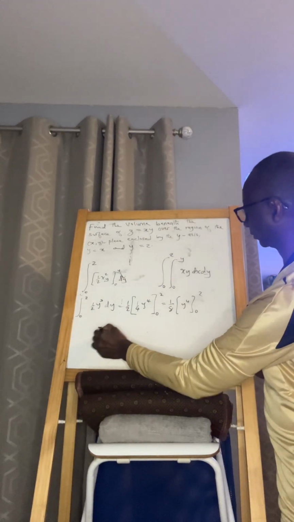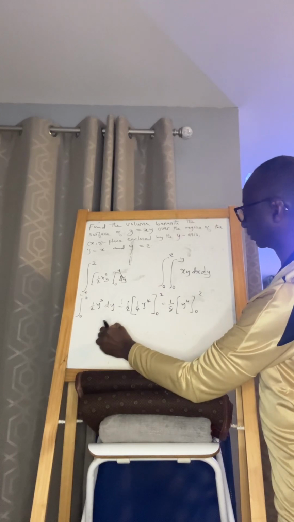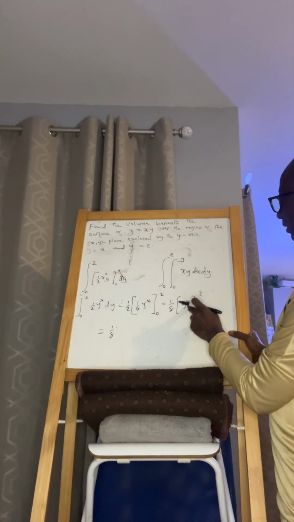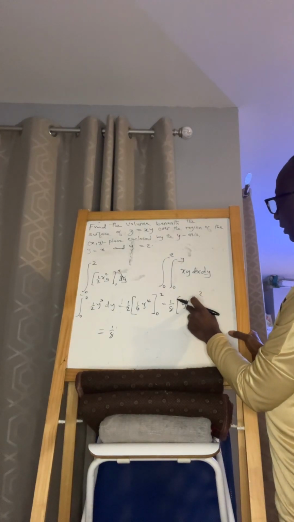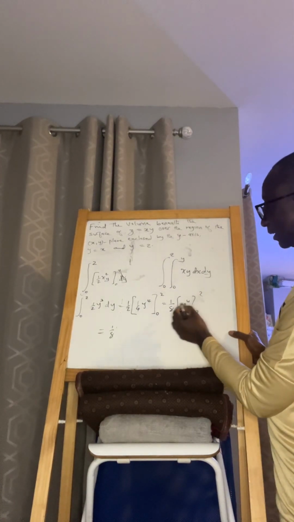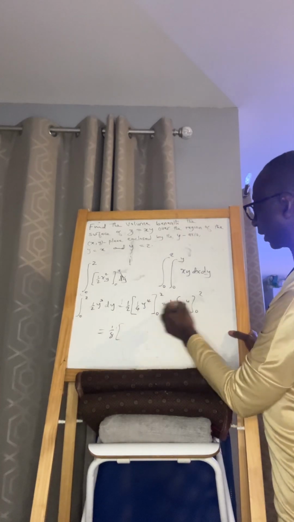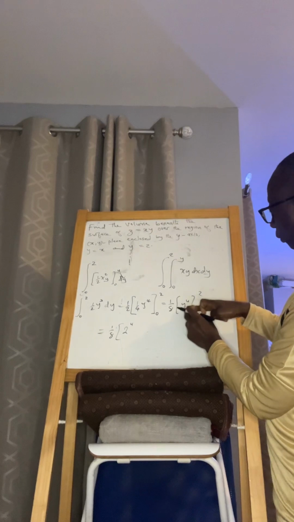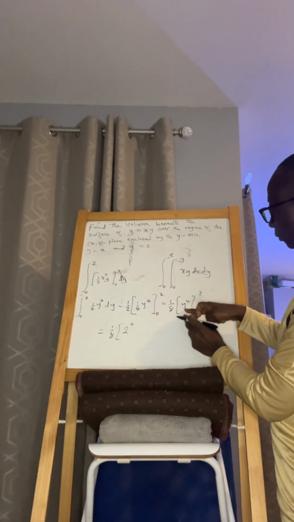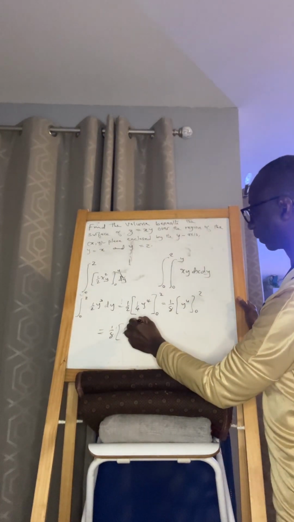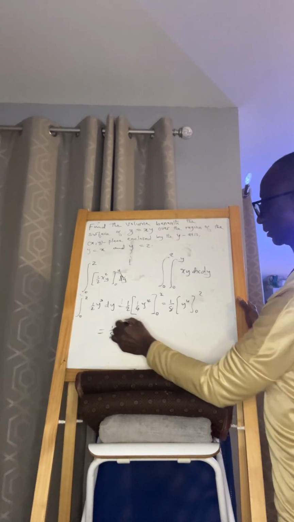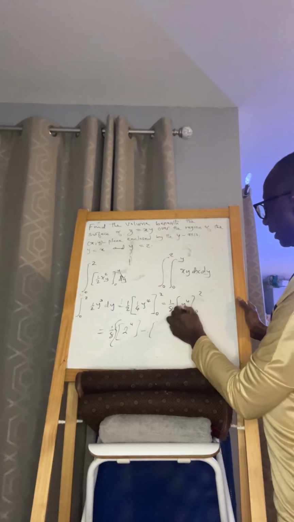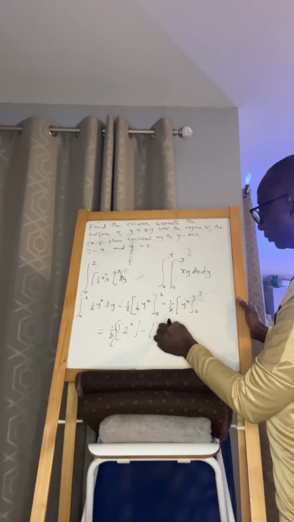So what do you get? 1/8 y to the 4. This simply means you put 2 here, so y is represented by 2 raised to the power of 4, minus 0 raised to the power of 4.